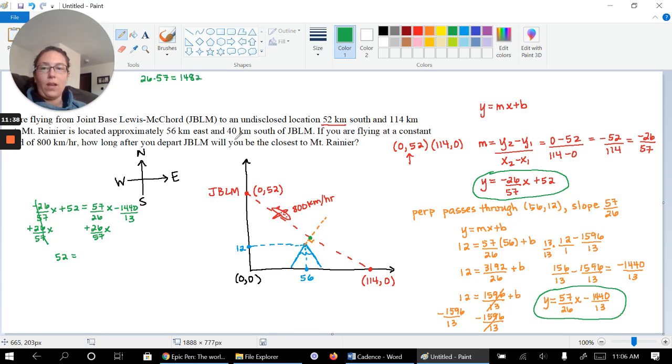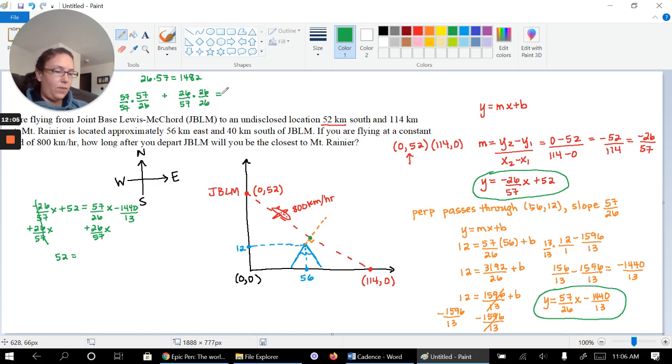So that's going to be my common denominator for these two fractions. So when I'm trying to add 57 over 26 to 26 over 57, I'm going to multiply the first fraction by 57 over 57 and the second fraction by 26 over 26.